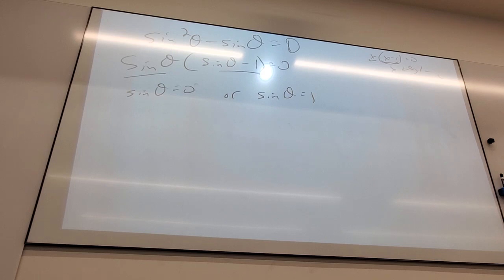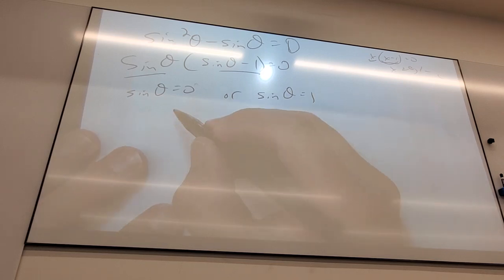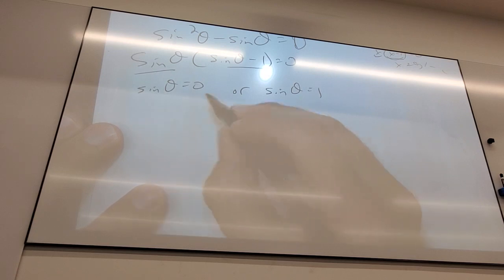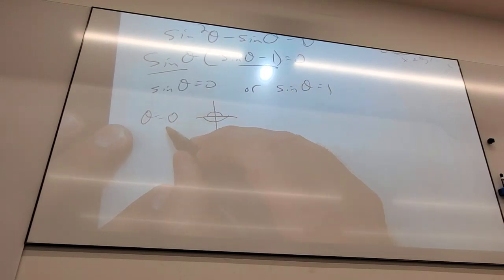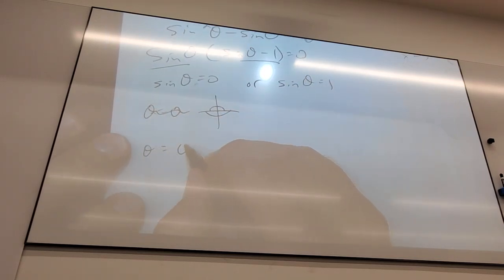So where's sine 0? On the x-axis. Good. And how far apart are those answers? If it's 0 and pi radians, they're pi apart. So I can just say 0 plus or minus pi k, because they're pi apart.